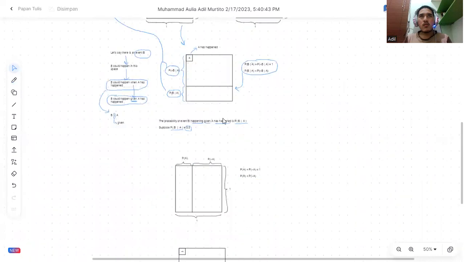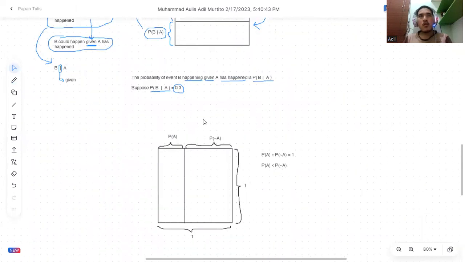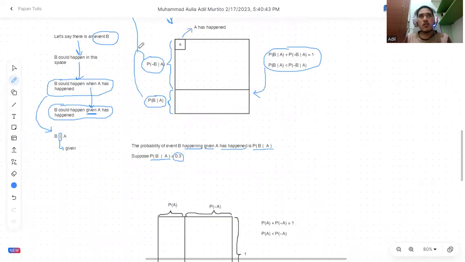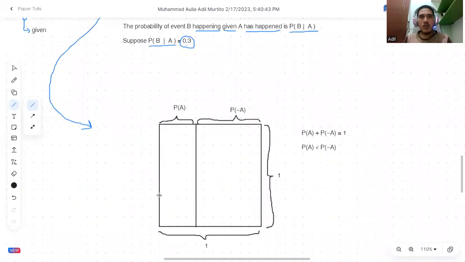So I have copied it here. We plug these two variables into this probability space. Here, 0.3 is a proportion of 0.3, let's say this one.